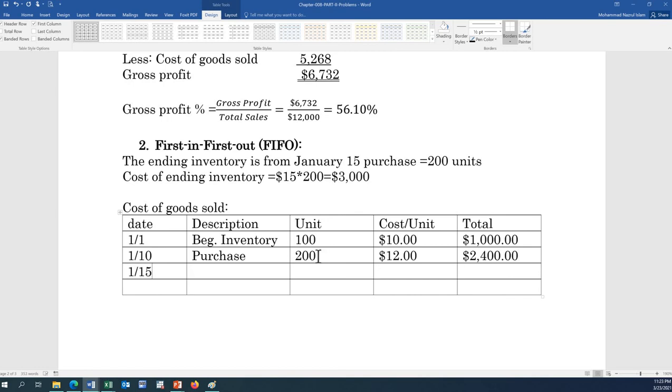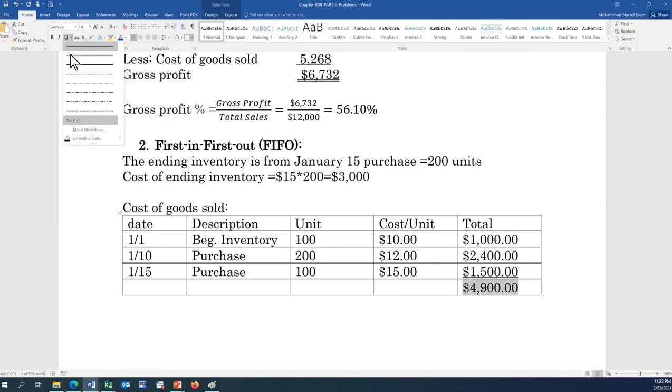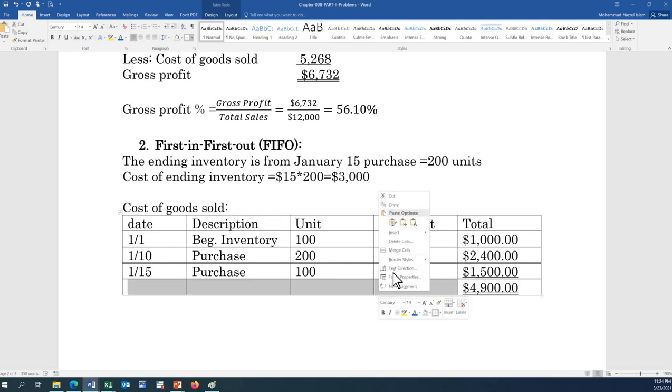And we are selling another 100 units from the January 15 purchase, following the first in, first out method. So the cost is going to be 1,500, and the total would be equal to 4,900. This is our total cost of goods sold.